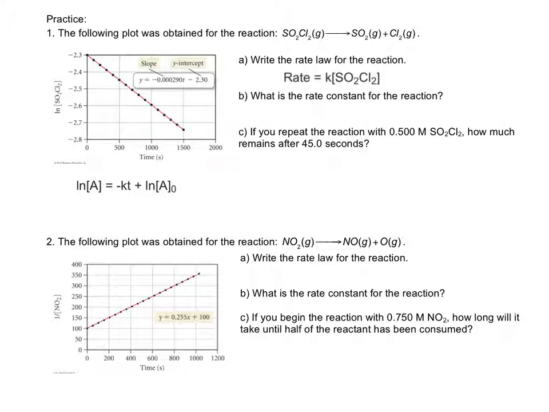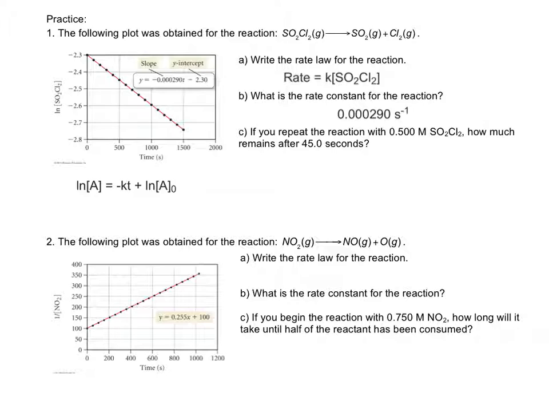And looking at the equation that's with our graph plus the form I just wrote down here, you can see that the rate constant for your reaction is going to be 0.000290 inverse seconds, because this is first order, right?